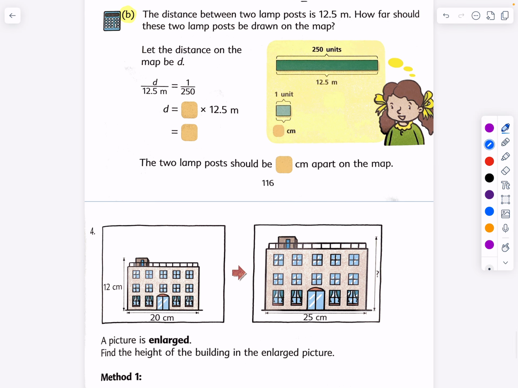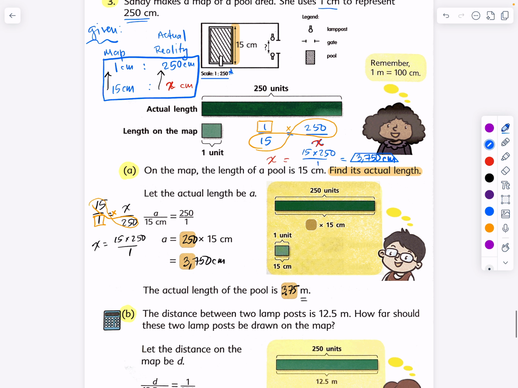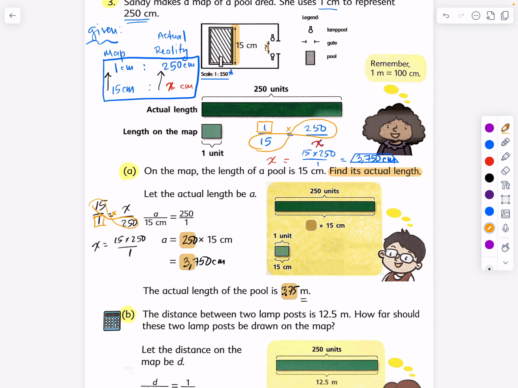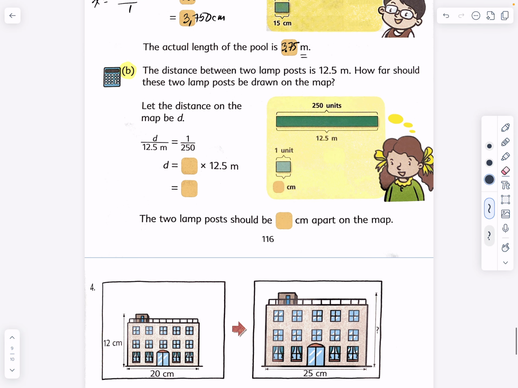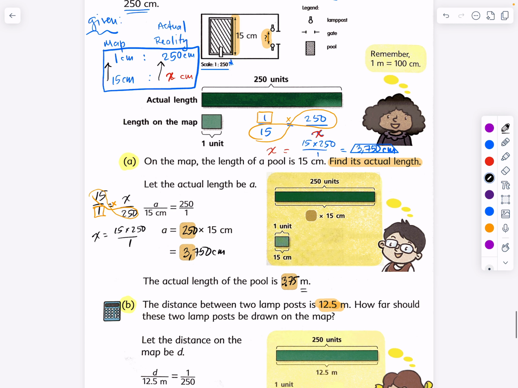Now, what is given? The distance between two lamp posts, right, on the map. Here it is. The distance between two lamp posts is 12.5 meters. Now that's the actual distance, the real world distance. So let's rewrite what is given.